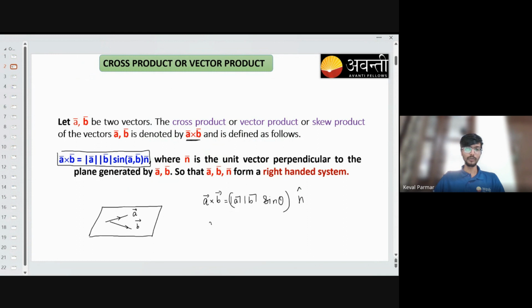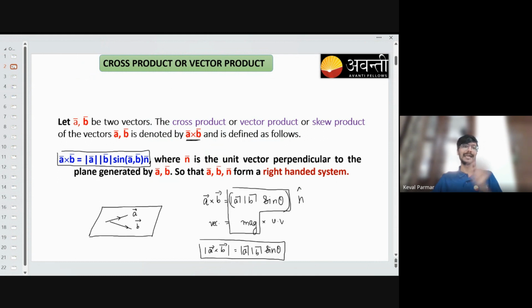Now, we all know that vector equals magnitude into unit vector. So as you can see, what is the magnitude of A bar cross B bar? It is this. That means the magnitude of A vector cross B vector is equal to mod A mod B sine theta. Here, n cap will not come because n cap is a unit vector, as you can see from the definition.